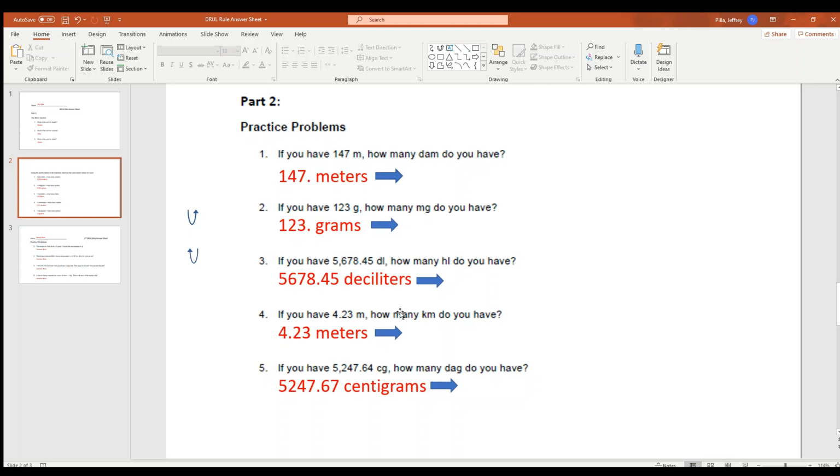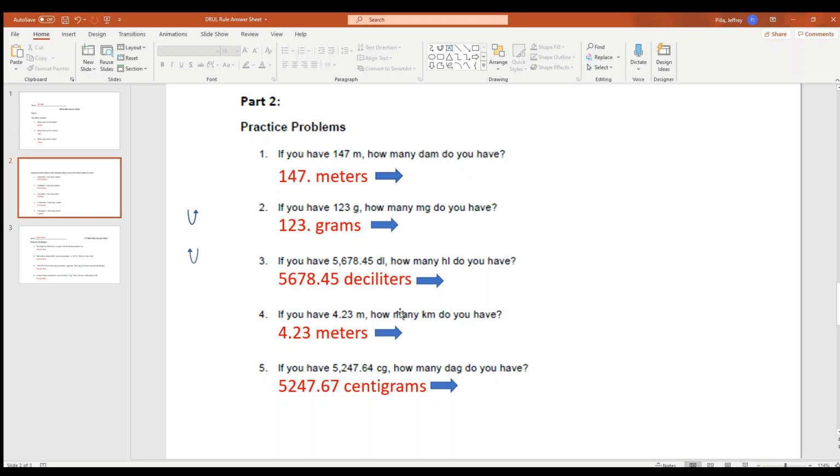What we also have to know is, according to the DRUL rule, the down, right, up, left rule, depending on which direction we're going, what direction is our decimal moving? I just said we're moving up, so we should be moving our decimal to the left. Well, where is the decimal in the number 147? There's no decimal there.